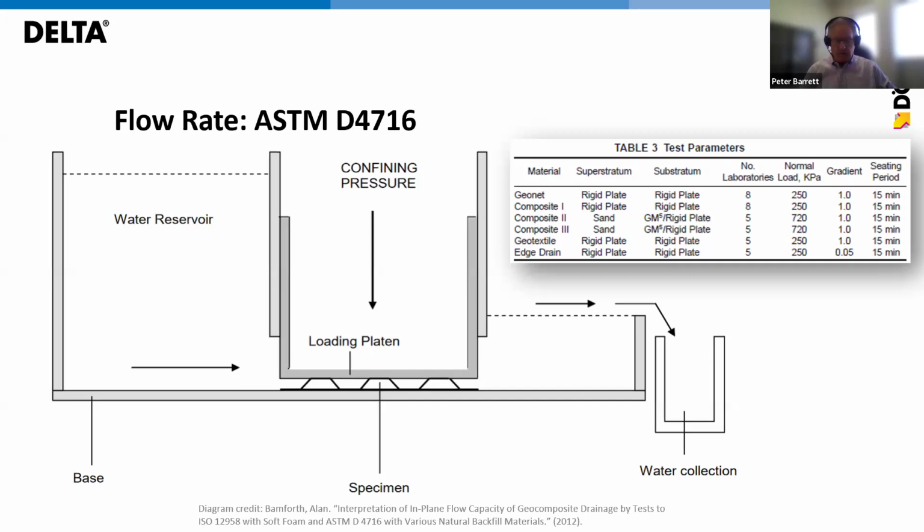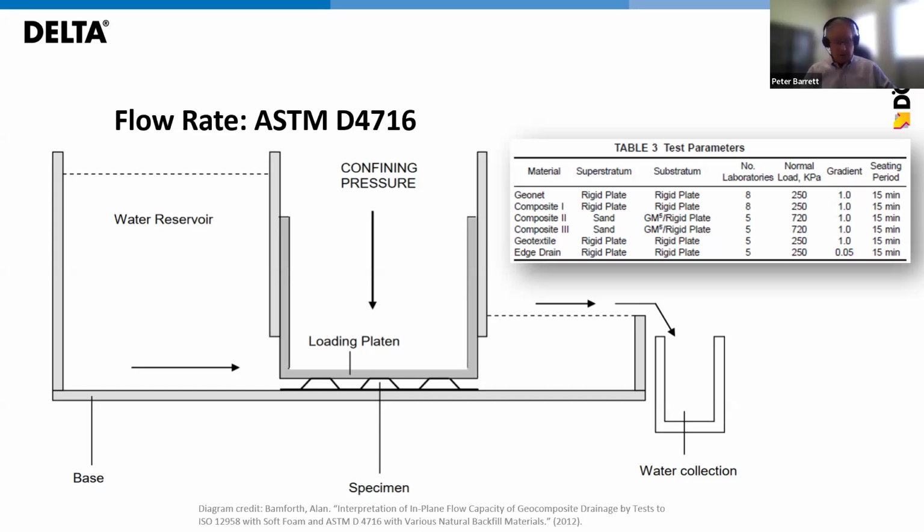This method covers the procedure for determining the flow rate per unit width of the manufactured plane of geosynthetics under varying normal compressive stresses and a constant head. This test is intended primarily as an index test, but can also be used as a performance test when the hydraulic gradients and specimen contact surfaces are selected by the user to model anticipated field conditions.